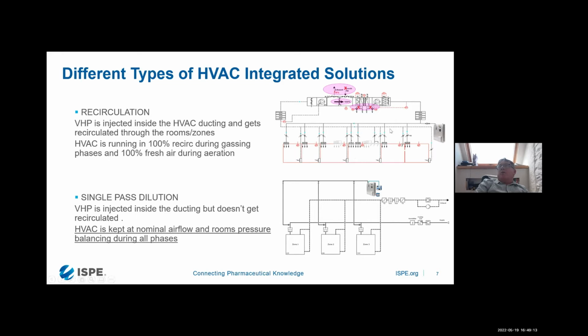And this is a very, very good system, because we recirculate the gas during the decontamination. So the gas is introduced inside the ducting, is decontaminating all HEPA filter. As I said, there is no problem to pass the HEPA filters, because we are a dry technology.